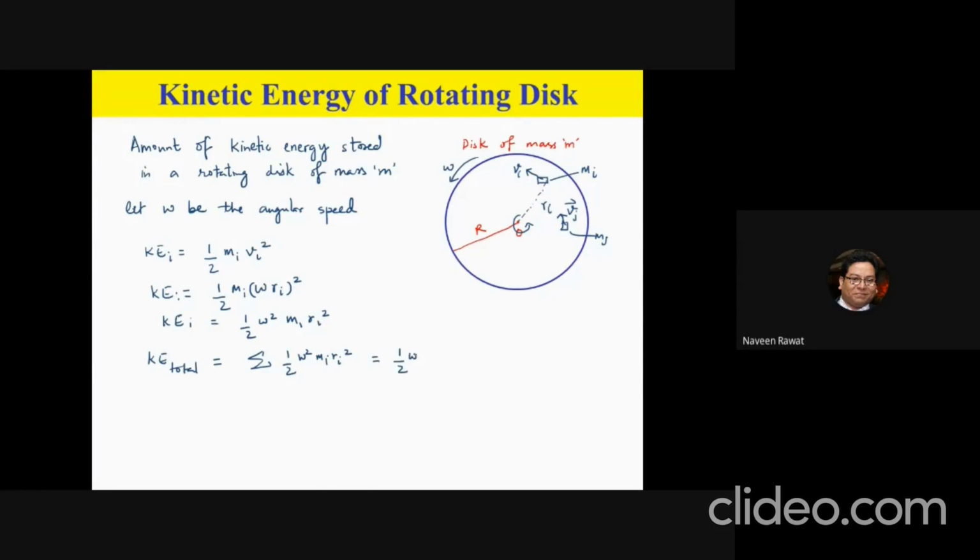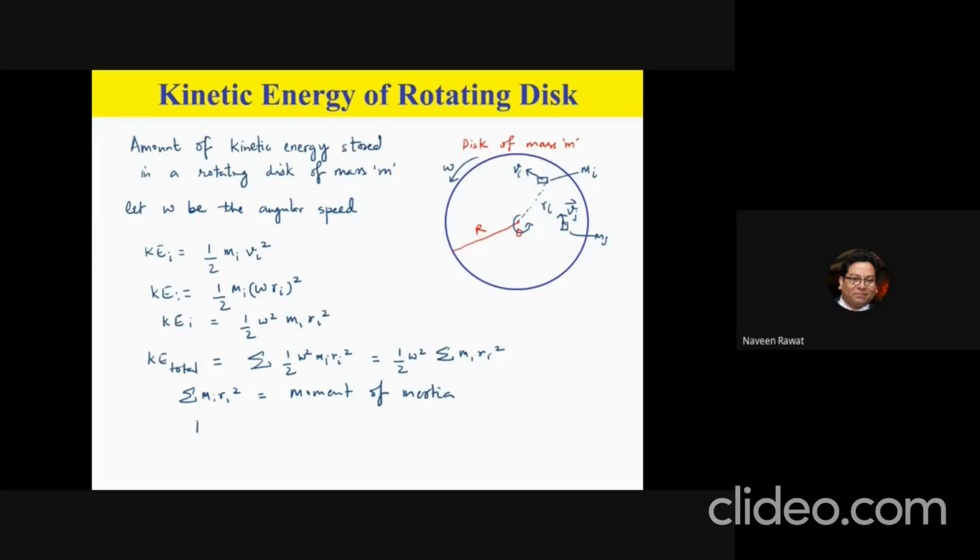Omega is a constant, so it can come outside, and I get the summation of m_i r_i squared. This term is known as your moment of inertia.